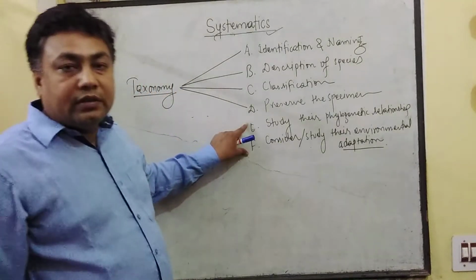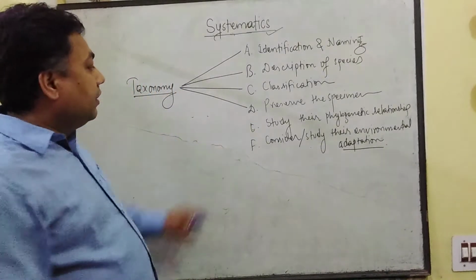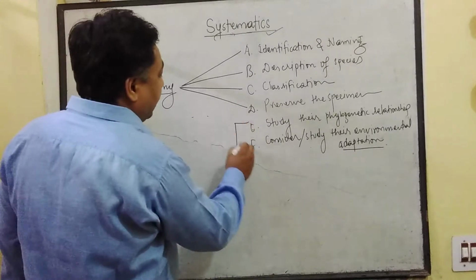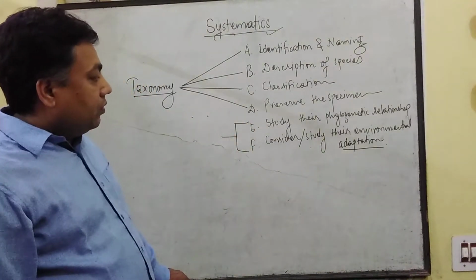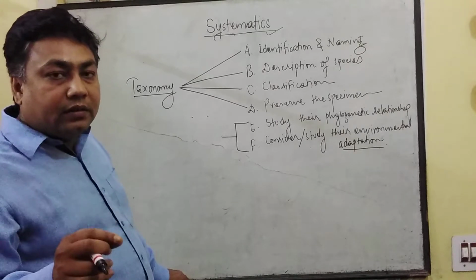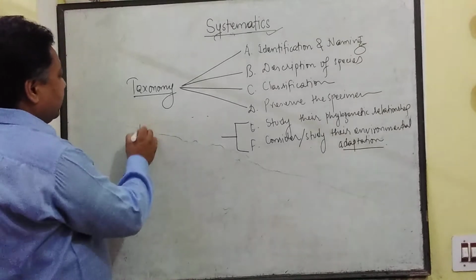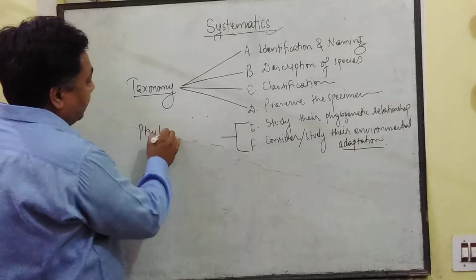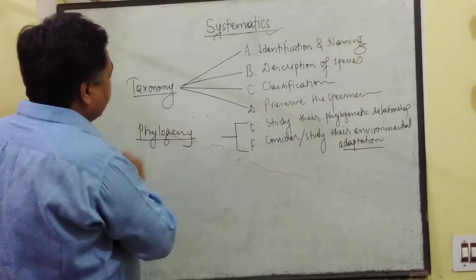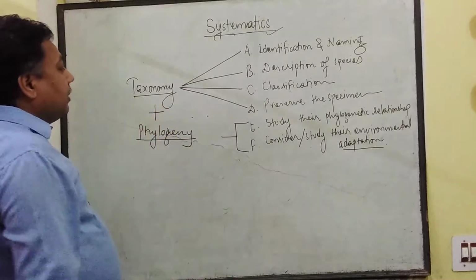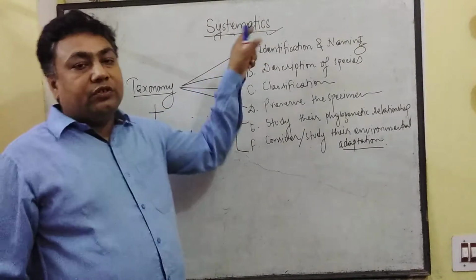But these two things are new to taxonomy, which will be headed under phylogeny. That means taxonomy plus phylogeny is systematics.